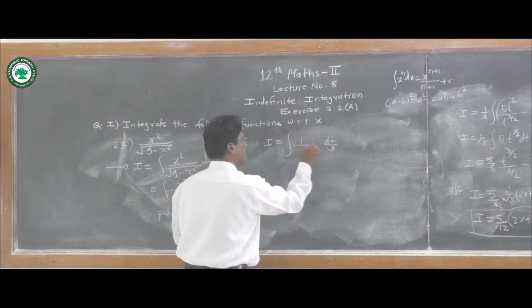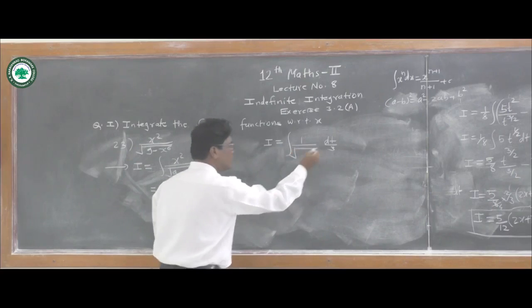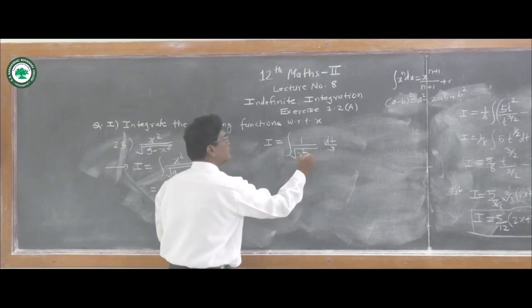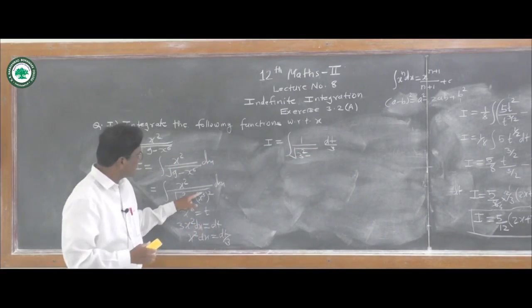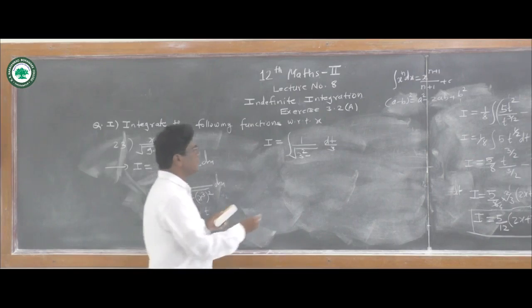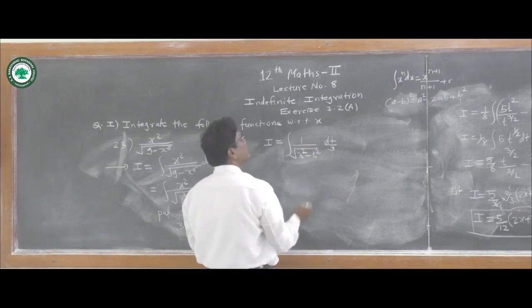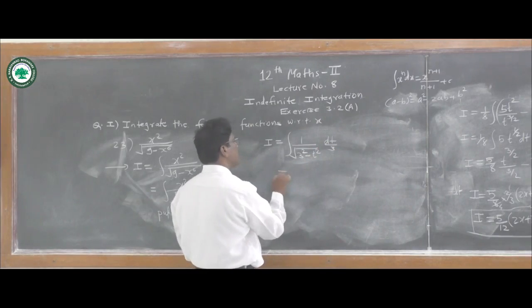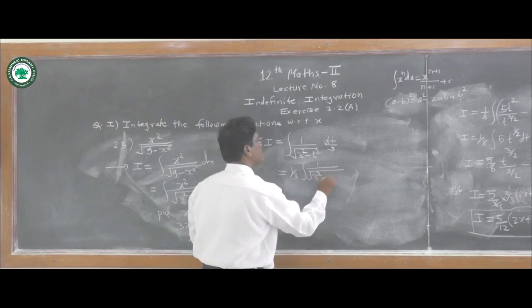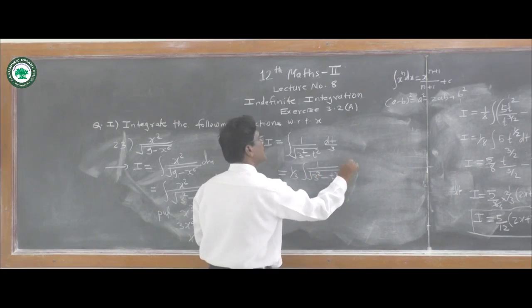In the numerator there is 1, so 1 upon under root of, here 3 square, 9 means 3 square, minus here x cube is now t, we put x cube as t, so t square. Now here 1 upon 3 is constant, take outside the integral, 1 upon 3 into integration of 1 upon under root of 3 square minus t square dt.